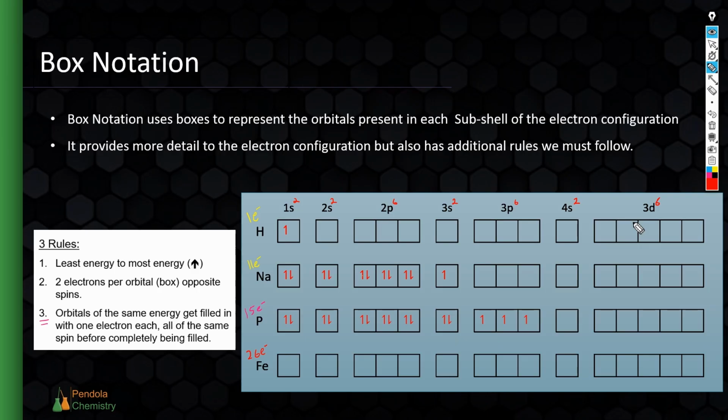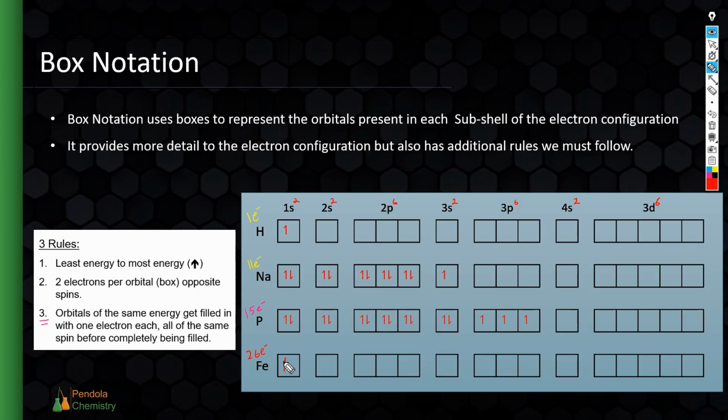Well, when we put those 6 electrons left in the d sublevel, again, we're going to fill this in from lowest to highest, 1 electron at a time, and when we have multiple orbitals in a sublevel, 1 electron in each orbital before we start pairing them up.